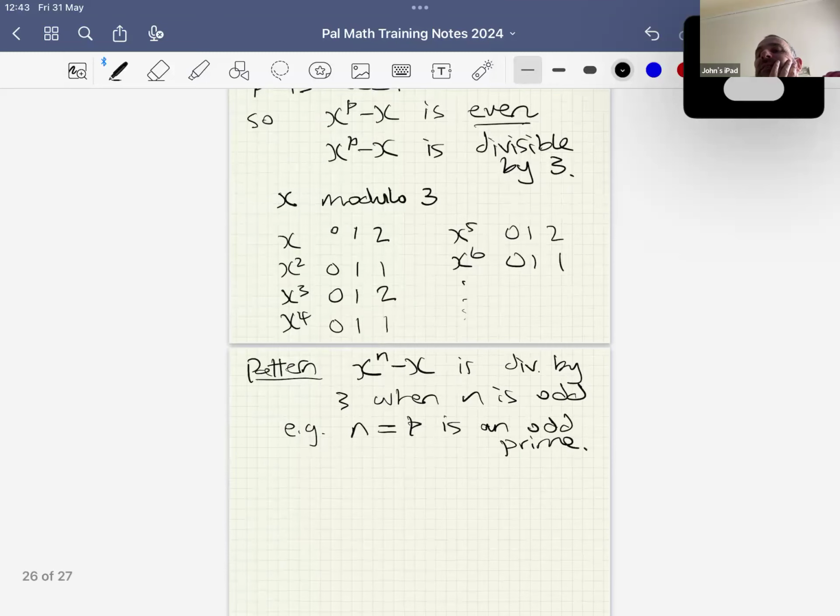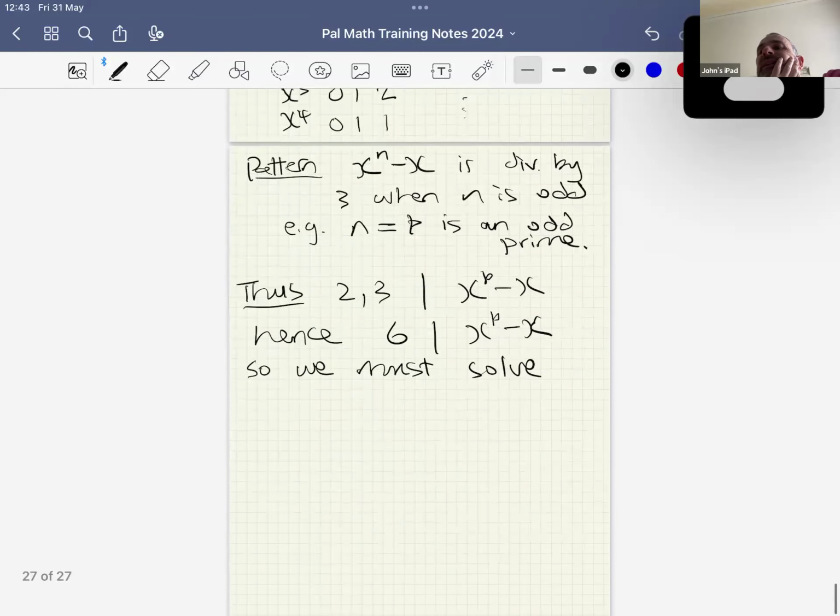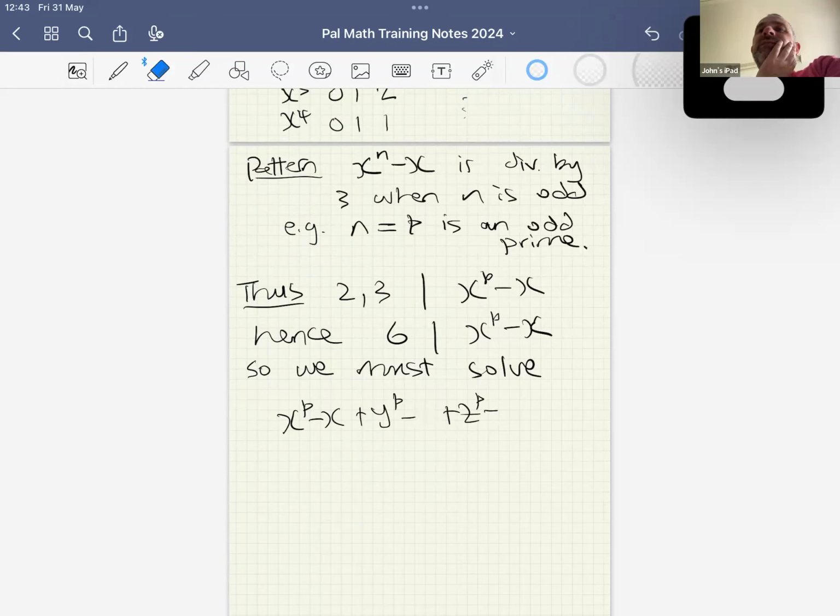Okay, so the upshot is that 2 and 3 divide x to the p minus x, and hence, 6 divides x to the p minus x. So what we must solve is x to the p minus x plus y to the p minus y plus z to the p minus z.